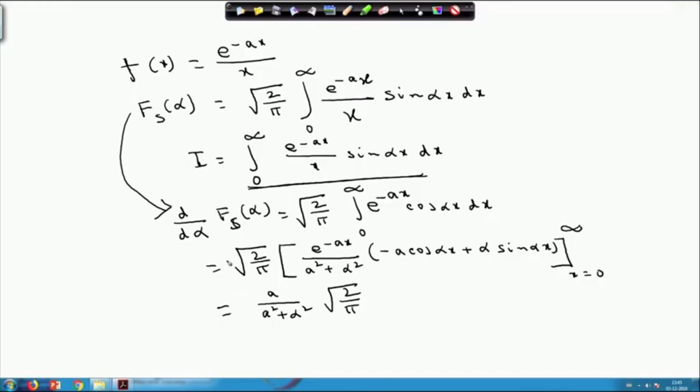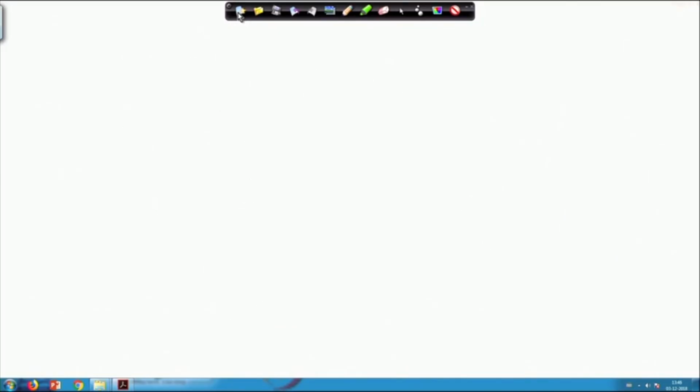So, d by d alpha of F s of alpha equals nothing but a by a square plus alpha square into root over 2 by pi. I am rewriting this again: d by d alpha of F s of alpha equals root over 2 by pi into a by a square plus alpha square.